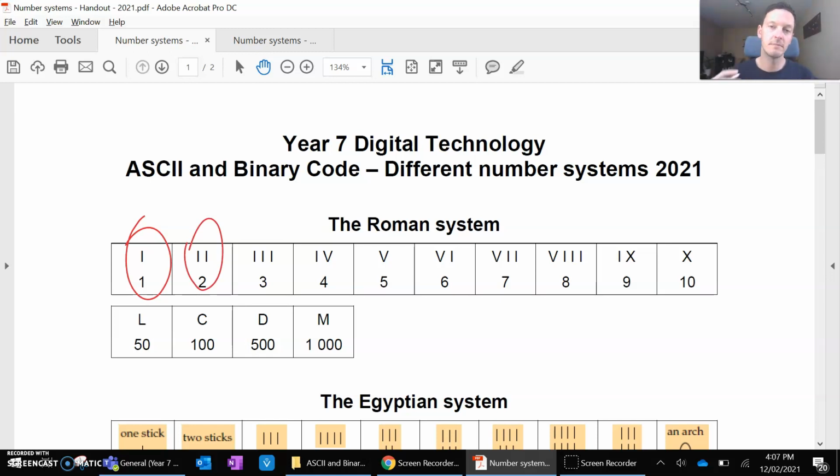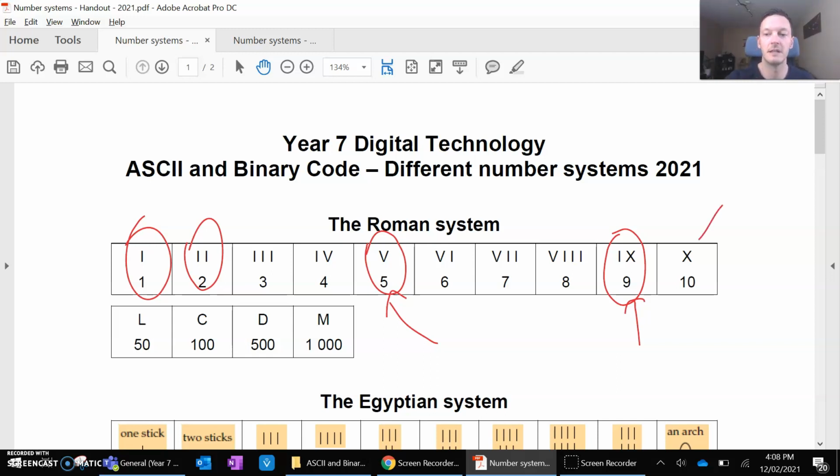But in order to make the number system as efficient as possible, once we get up in the numbers, they can be represented by different icons. So this one here, for example, rather than just writing 5 individual strokes, the 5 here is represented by a V. And rather than writing for this number here a V and 4 strokes, there is a 1 before an X, which in the Roman system represents 9.